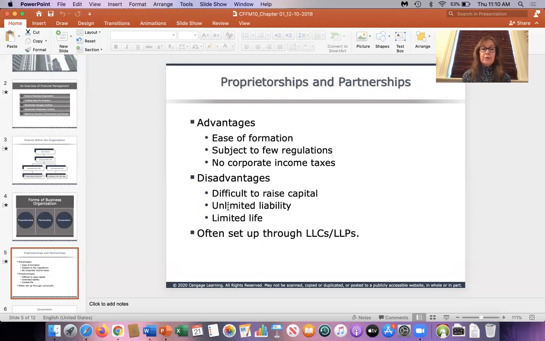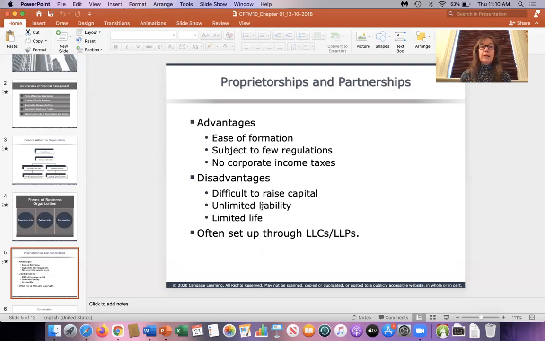The main disadvantage is unlimited liability. So if you mortgage your house and max your credit cards, take out loans, borrow from friends and family to start up a sole proprietorship, and you lose everything, you've lost everything. If you get sued or something, you're on the hook for the liability.